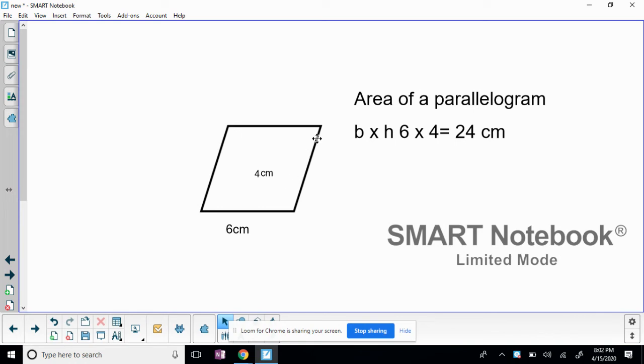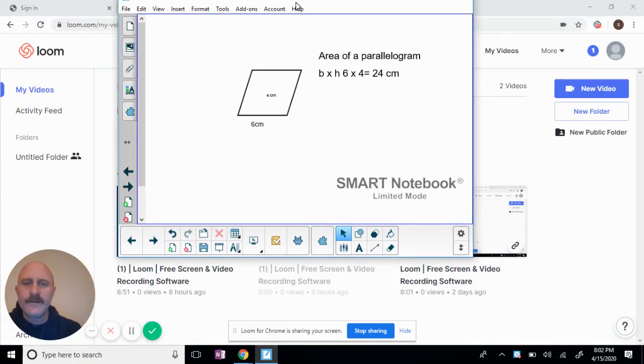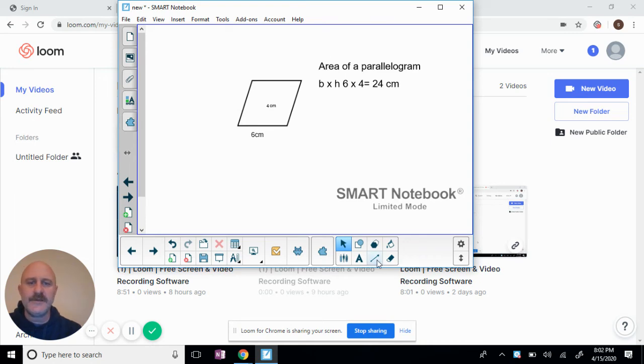But if you were to think of it as why we divide by 2 with triangles, let me see if I can show you here. All right. So I'm going to use a line.